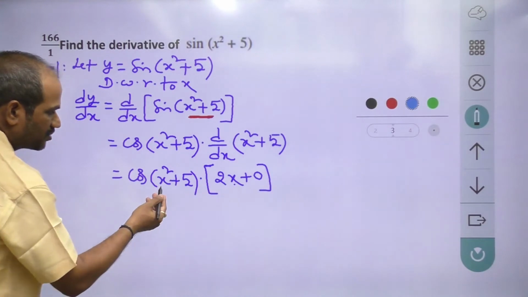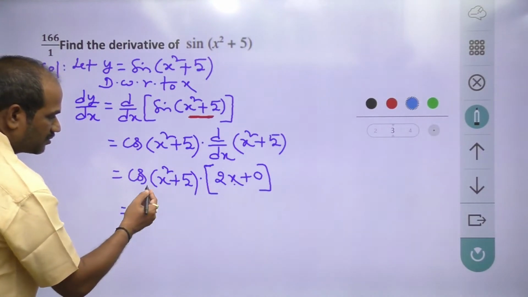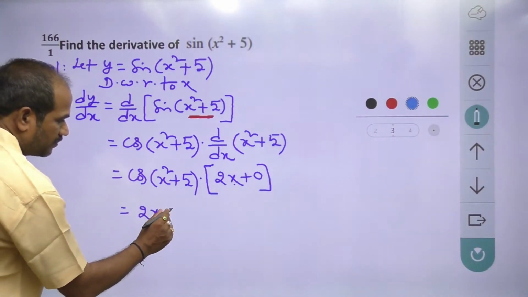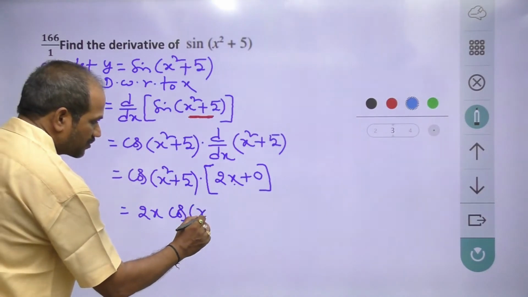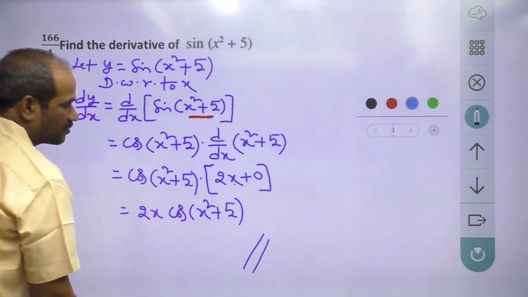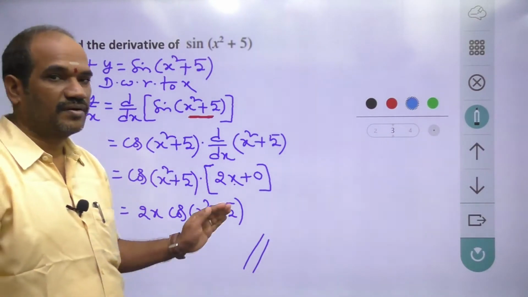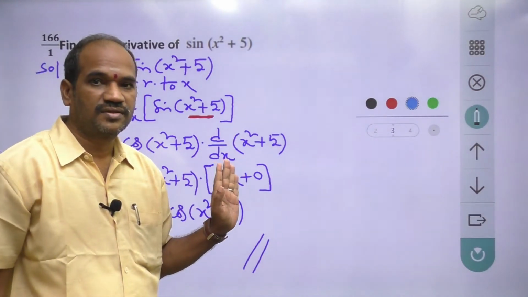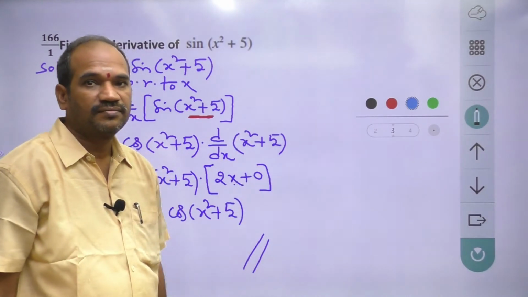Next, multiply these two. So that is 2x into cos of x square plus 5. This is the final answer. All problems have the same procedure, no change. Write this question.